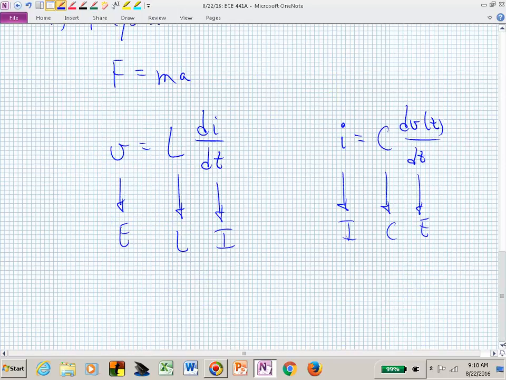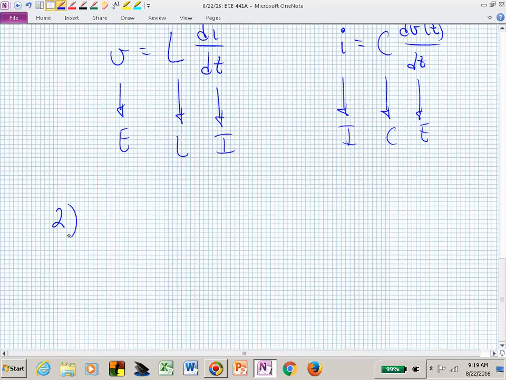A second way is more experimentally based. And you could say that this is now doing system identification. Maybe we don't quite know how to model it with paper and pencil, but maybe we can take some measurements.